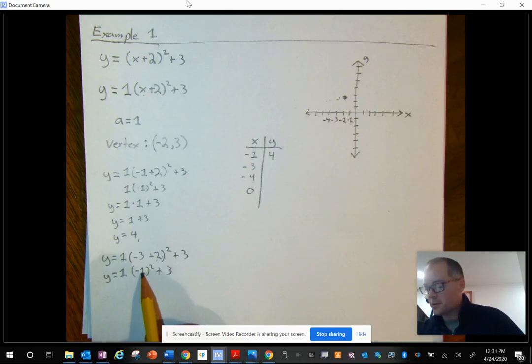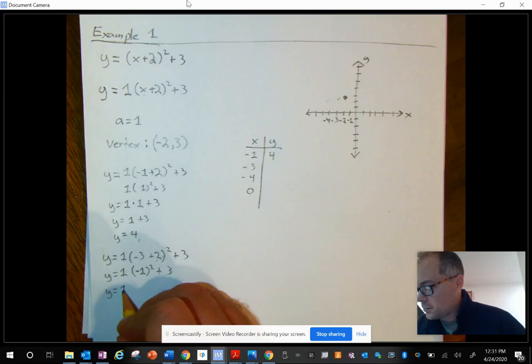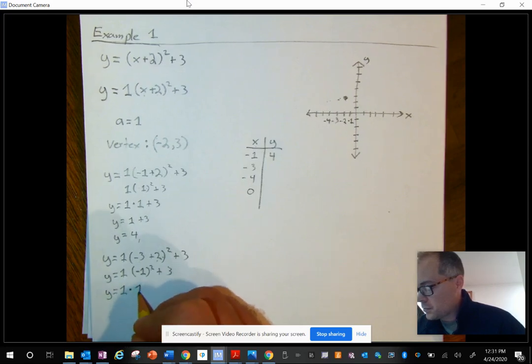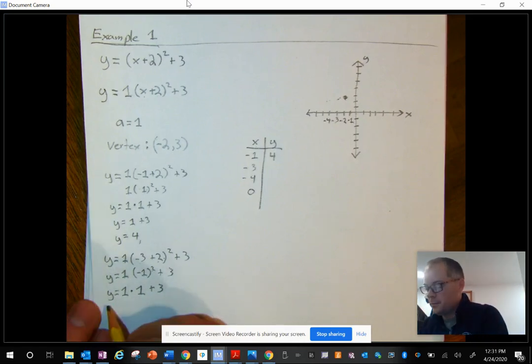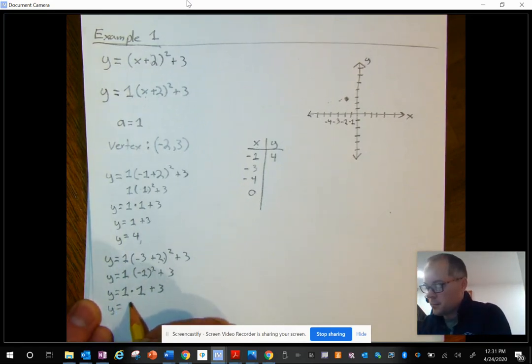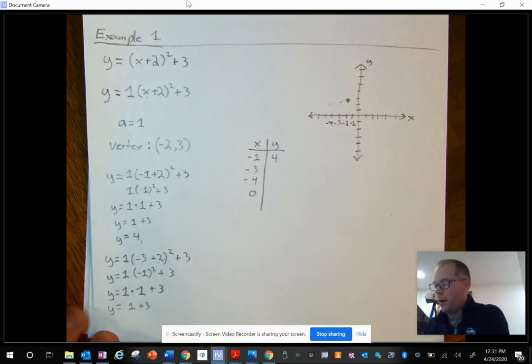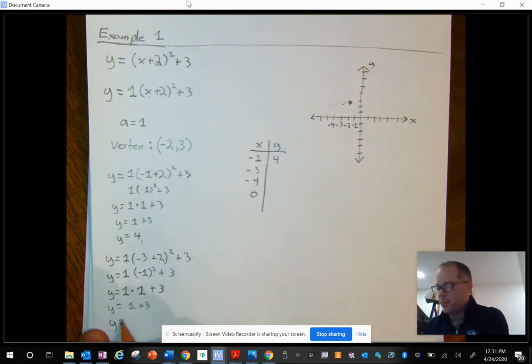Then I do my exponent, so -1 times -1 is +1. 1 times 1 is just 1. Easy. It's the same.